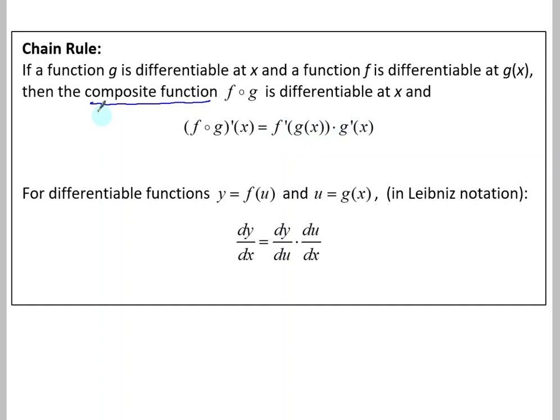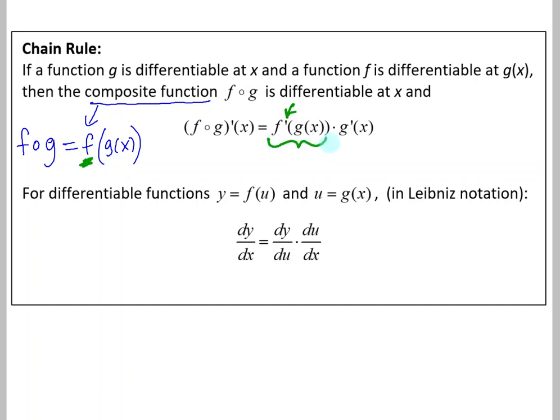Now it's important to remember there are two ways to write a composite function, f circle g or f of g of x. Remember what those mean. So thinking back to the M&M candy, notice what we have first. The outside function is our shell. That's the f. So notice f prime happens first.